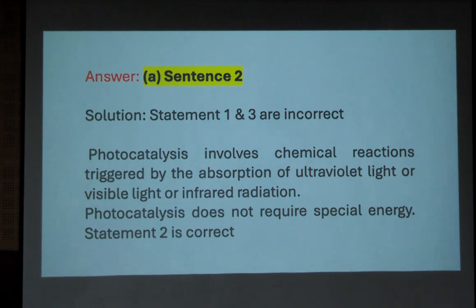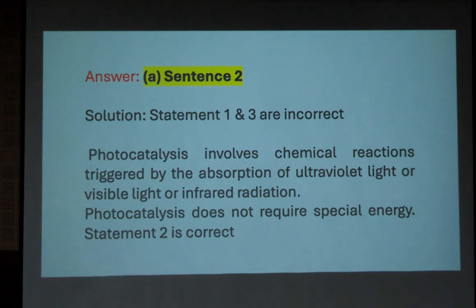We are talking about visible light, not ultraviolet, because we want to use visible light. We want the extension of the absorption range into the visible area. That is our target, and that should be the target for a photocatalyst.